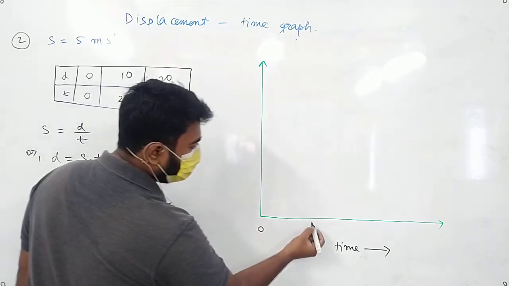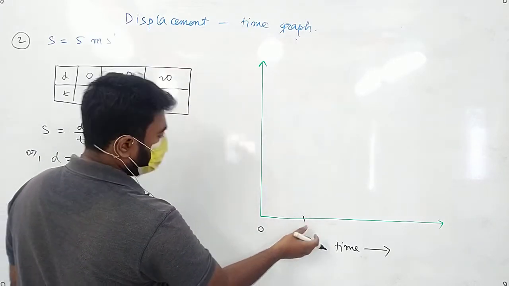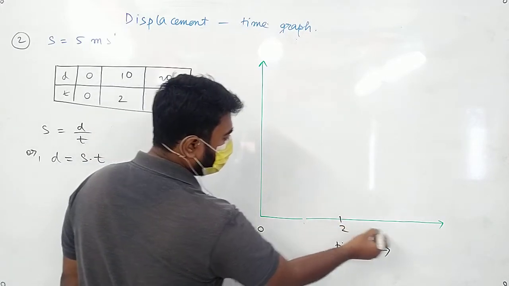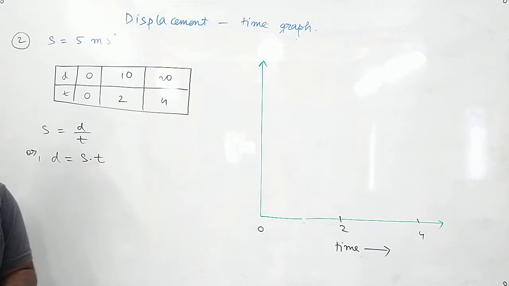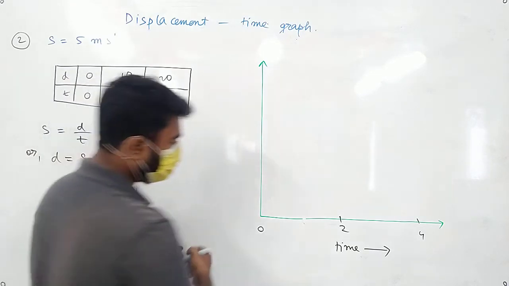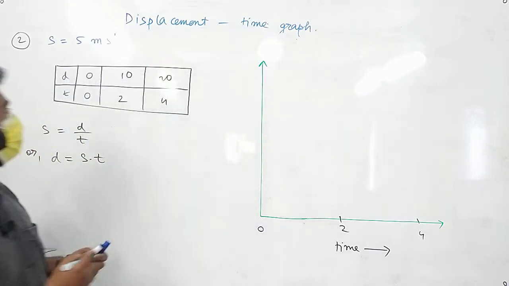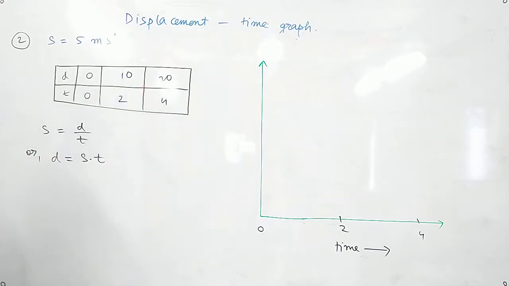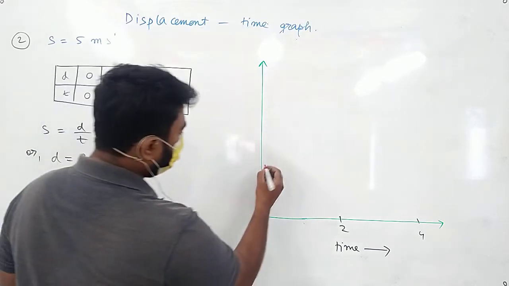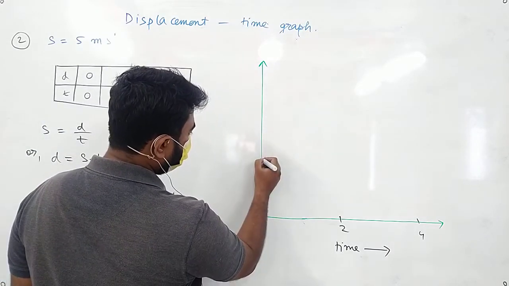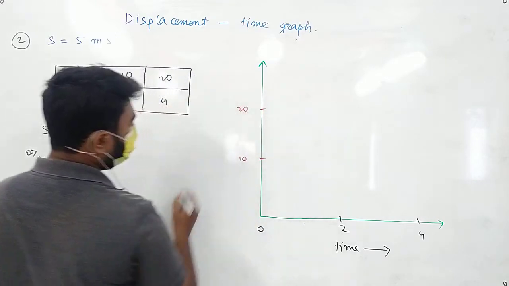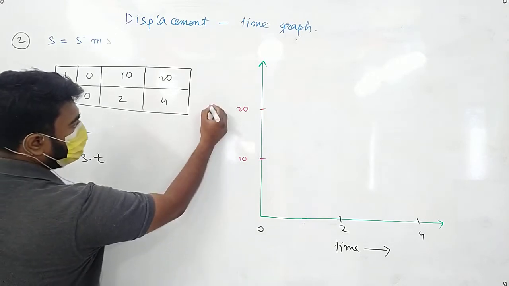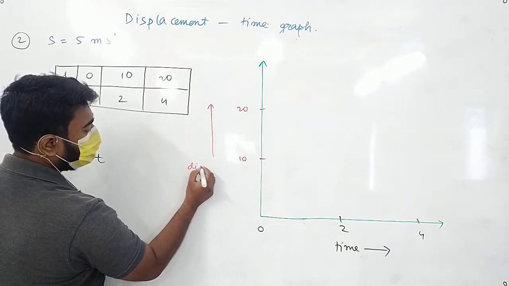Can we give here 0, here 2, here 4? We can. Now our displacement is ranging from 0 to 20. So can I give here 0, here 10, here 20? The upward portion is displacement.